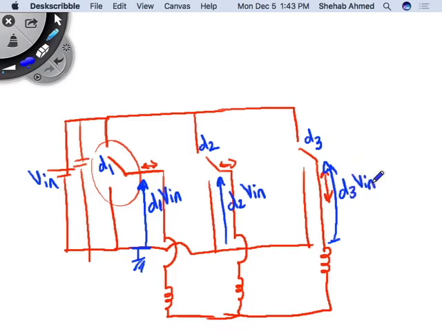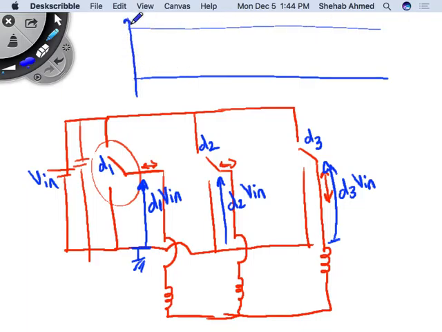Power converters are all the same, right? You can operate this to create DC if you want, or you can make it create AC, whatever you want. It will depend on D1, D2, and D3. In a three-phase inverter, we would like to create AC at the output. So let's say I will try to draw my duty cycles. This is 0. Duty cycles range between 0 and 1, correct?